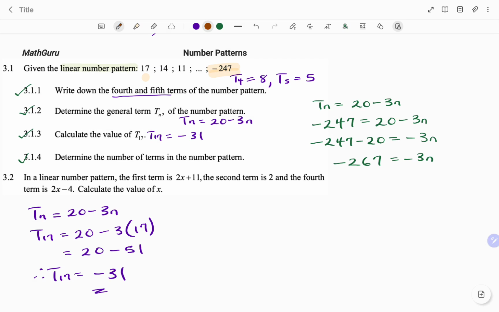To make n the subject of the formula, I'm going to divide both sides by the coefficient of n, which is negative 3. Then I have negative 3n divided by negative 3, I'm left with n on my right-hand side. And negative 267 divided by negative 3 is 89. So for this particular number pattern, I have 89 terms.